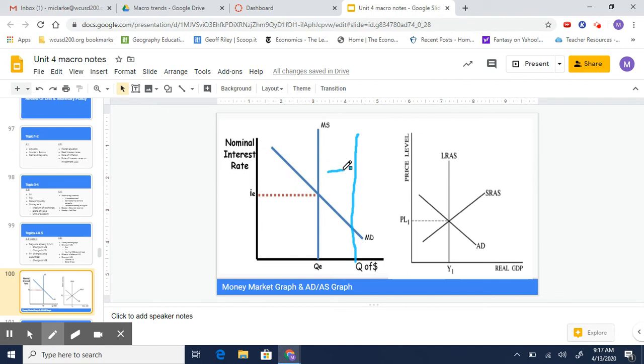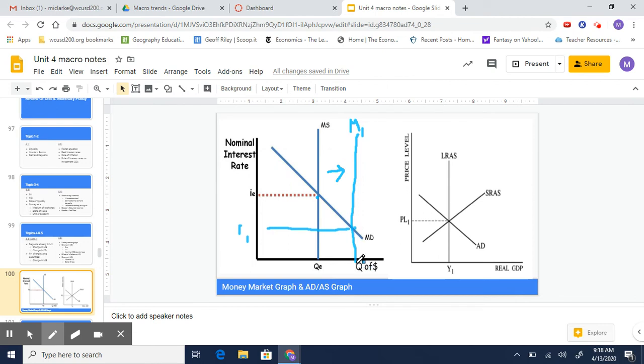It's going to be a rightward shift. There's your new money supply. And look at what happens to the nominal interest rate. Okay, so if the nominal interest rate decreased, it was once here, now it's here.